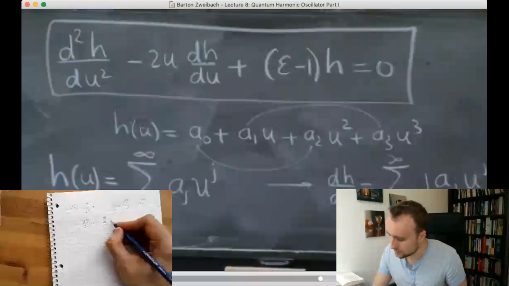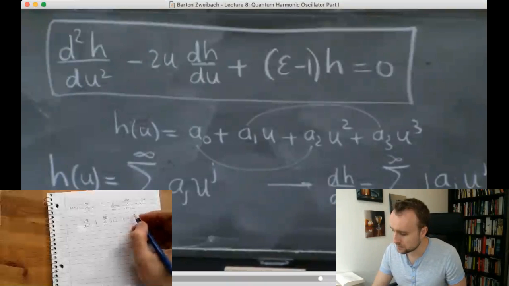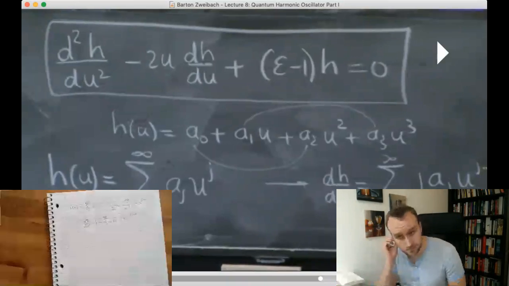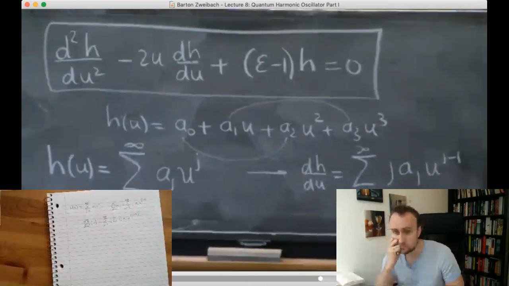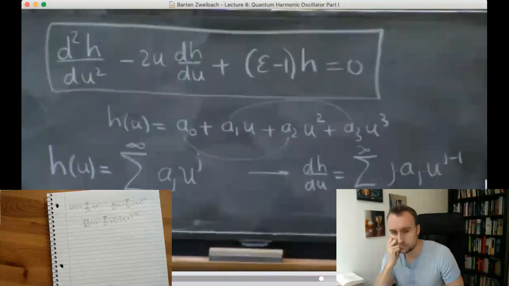This time it's going to be j times j minus 1 a_j U to the j minus 2. You would say that doesn't look very good because for j equals 0, you have 1 over U. That's crazy. But indeed, for j equals 0, the j here multiplies, so this is okay.